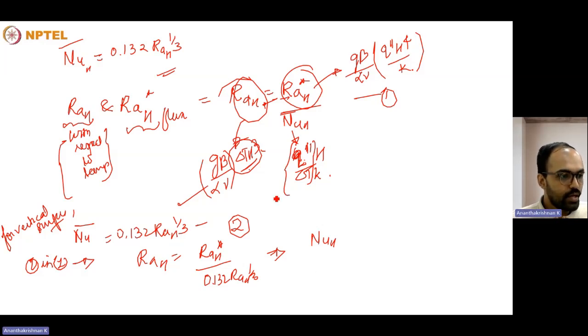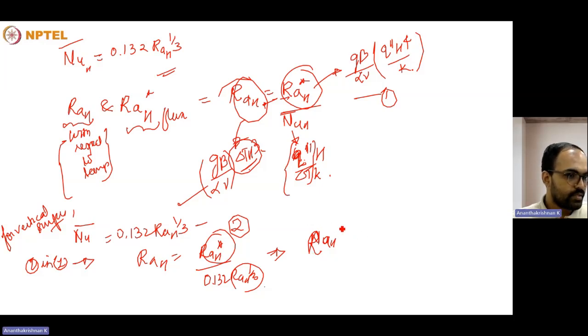Here we know the value of Ra star, so from here we can calculate the value of Ra H. If we can calculate the value of Ra H, then we can back substitute to give the value of the Nusselt number.